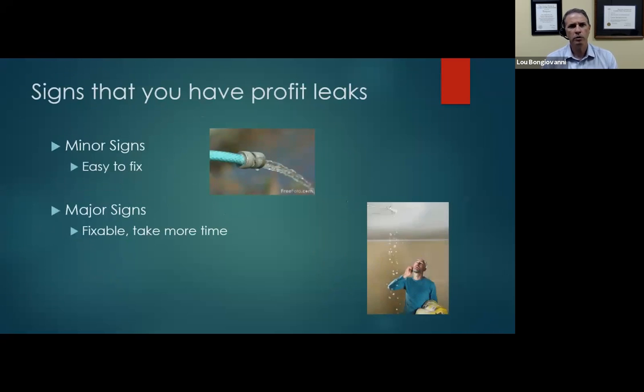Okay. When we talk of profit leaks and signs of profit leaks, as I alluded to, there are minor profit leaks, which all companies have, and no company is perfect with it. So minor profit leaks are very commonplace. Where there becomes a problem is when those minor ones escalate into major profit leaks. Minor ones are easy to fix.